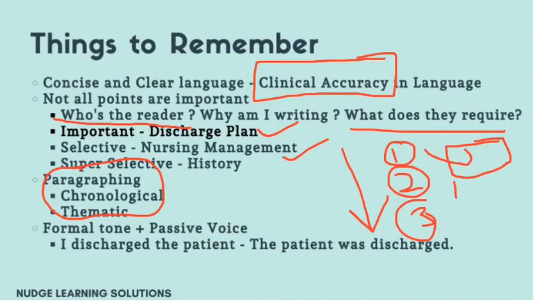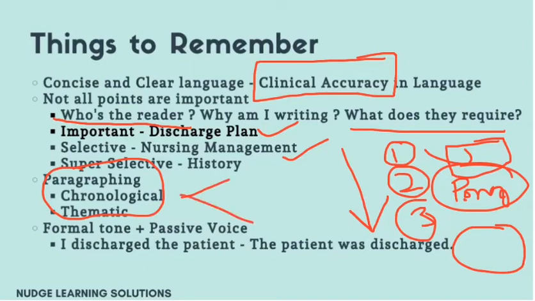So there might be a primary medical concern, and along with the cancer, the patient might have some allergy, so that will be your secondary medical concern. The primary medical concern we will prioritize, after which we will write the secondary medical concern. So paragraphing can happen either chronologically or thematically.